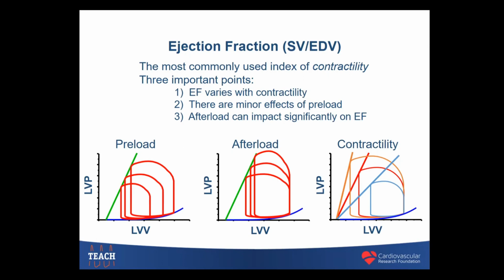It's not that they reverse remodeled in 2 days. It's that by decreasing their afterload, you've changed the parameters within their ventricle that they're operating on. You've changed their ejection fraction. So ejection fraction by no means is fixed for each ventricle, and I think that is an important concept to keep in mind.